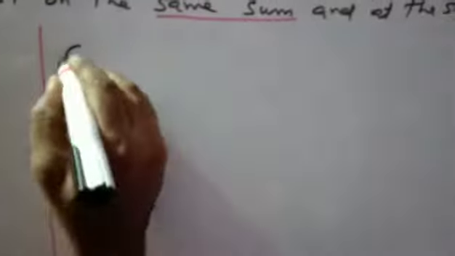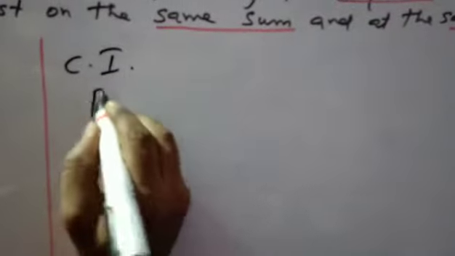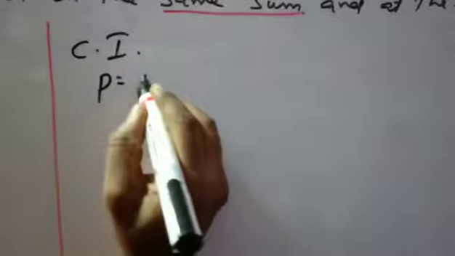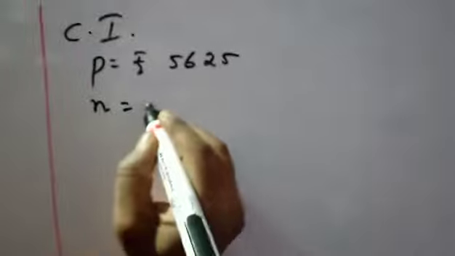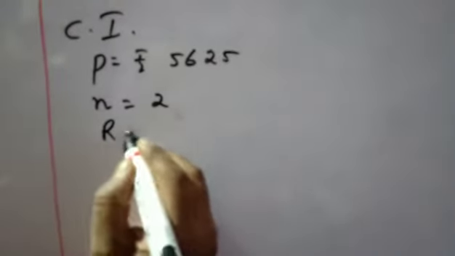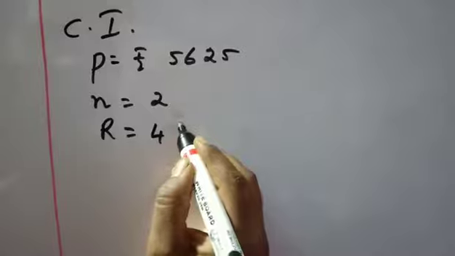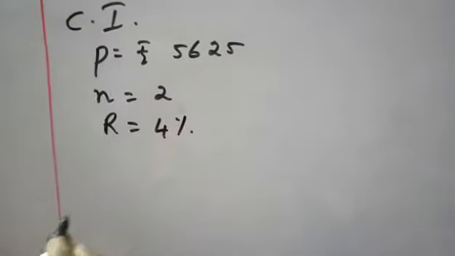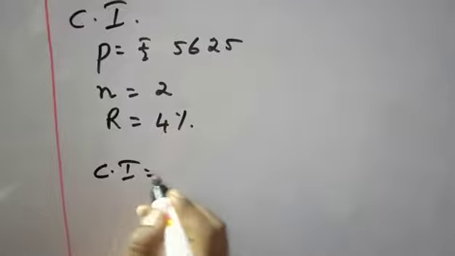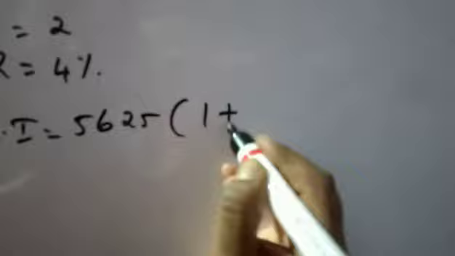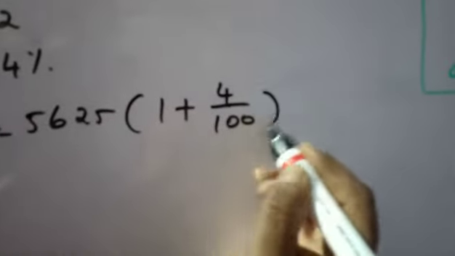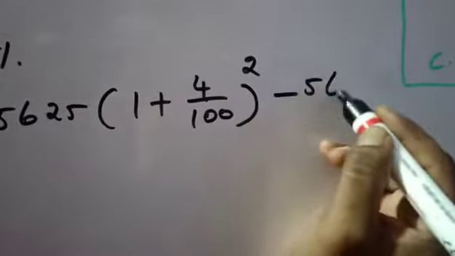Now for compound interest, we already identified the principal equal to rupees 5625, years equal to 2, rate of interest again 4%. So now for compound interest we apply the formula P into (1 plus R by 100) power n minus P. So we have 5625 into (1 plus 4 by 100) power 2 minus 5625.